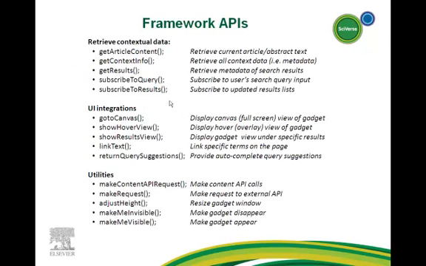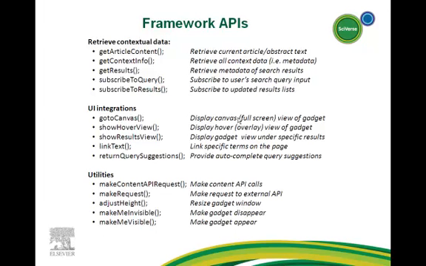The Framework APIs can be broken into three main categories. Context APIs allow the gadget to retrieve contextual information about the page. Some examples include retrieving the article content displayed, as well as retrieving the search results displayed on the page. UI APIs allow gadgets to alter the user interface.